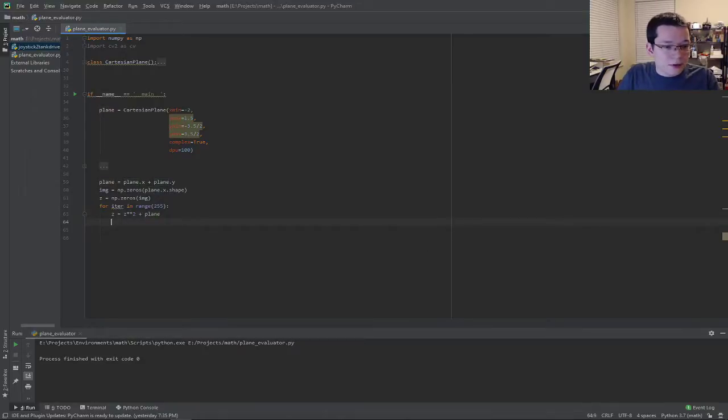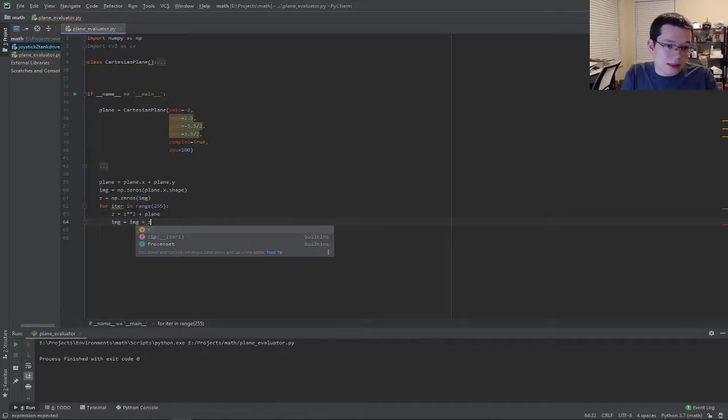And now, image is going to be equal to image plus Z greater than 2.